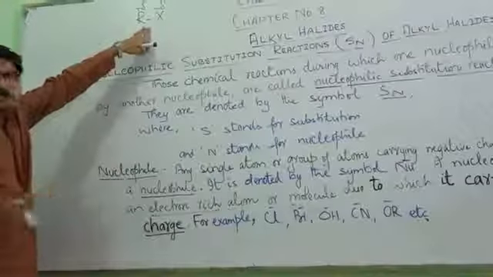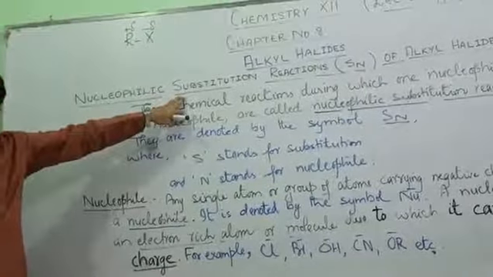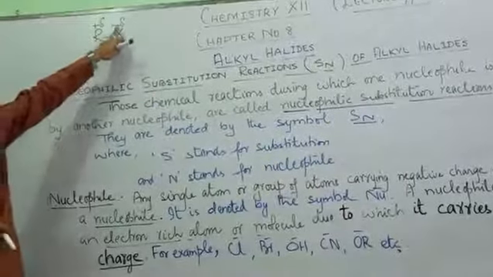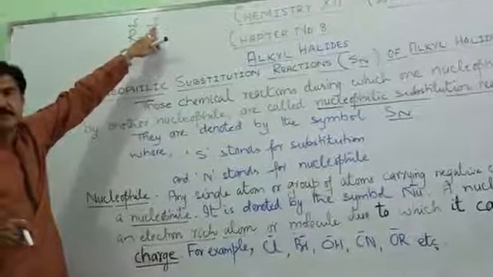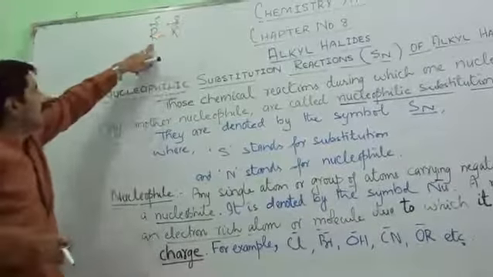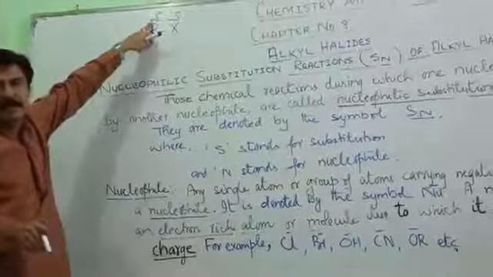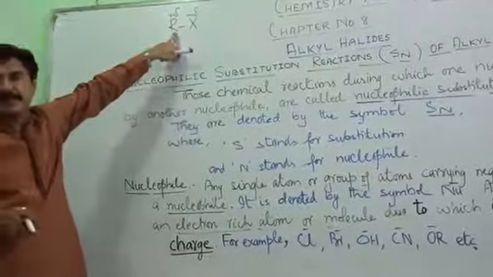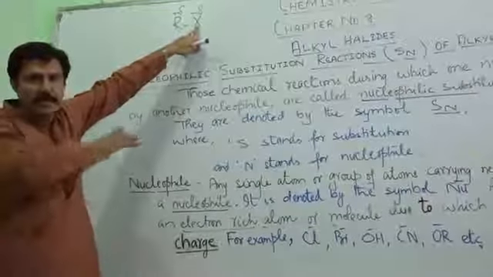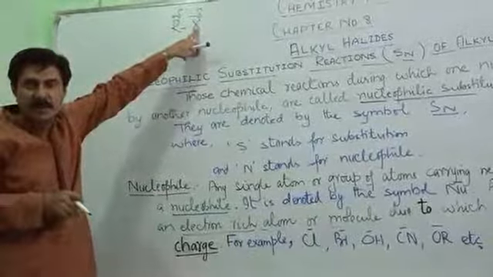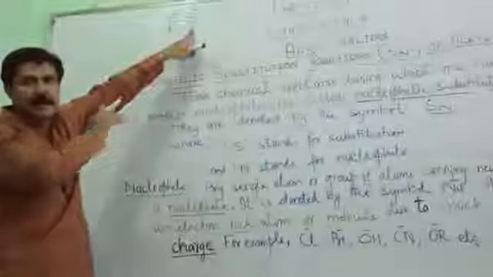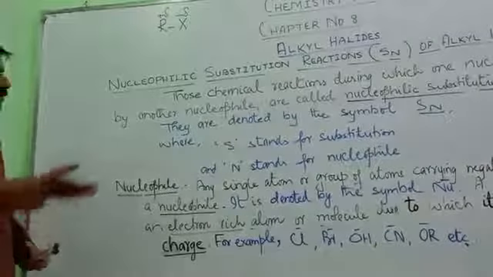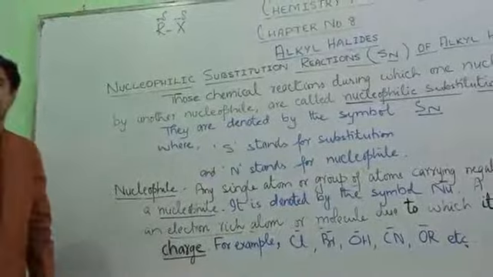Now, when we are discussing nucleophilic substitution reactions, you must be knowing that X having a partial negative charge on it behaves like a nucleophile here, while R having a partial positive charge is an electrophile. So what we have to do in nucleophilic substitution reactions of alkyl halides is remove this halogen atom as the leaving nucleophile, and in place of this halogen atom we have to introduce any other nucleophile attached to the carbon chain.